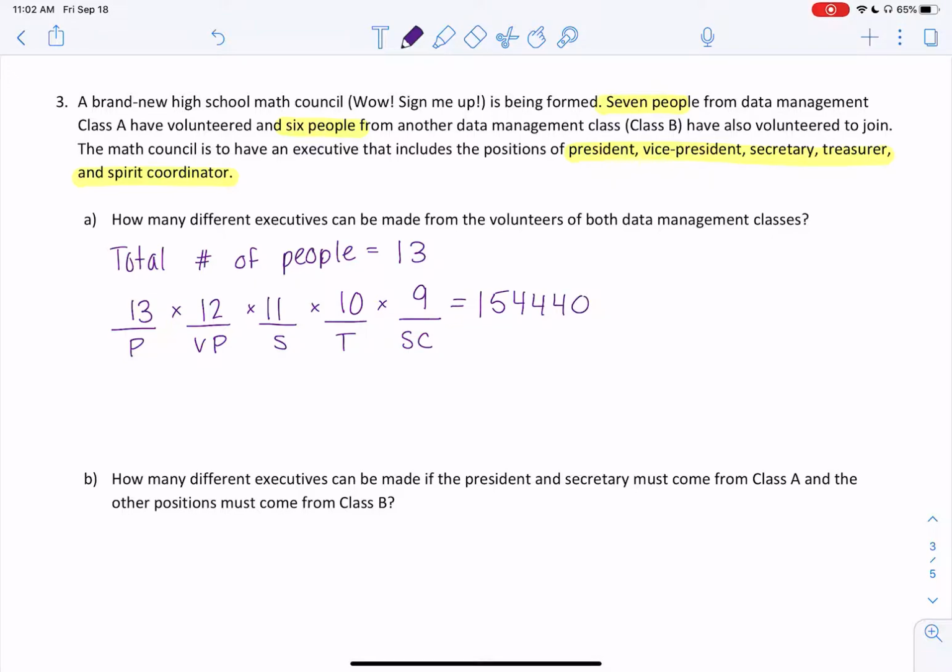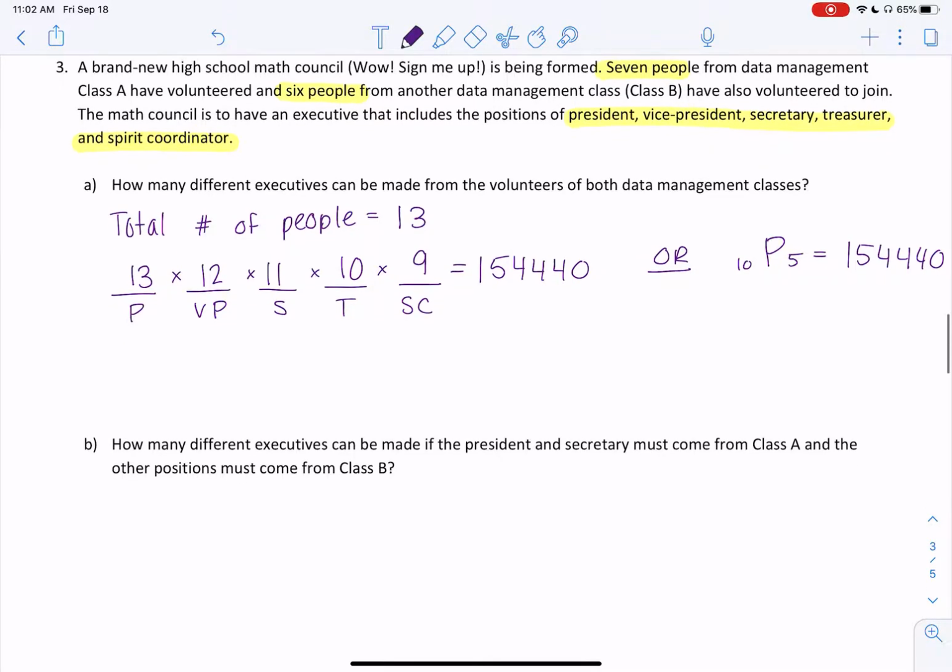Now I could have also used my permutation formula. So I had 13 people, 5 roles, and if I put that in my calculator, I get the same thing, or if I did the formula by hand.